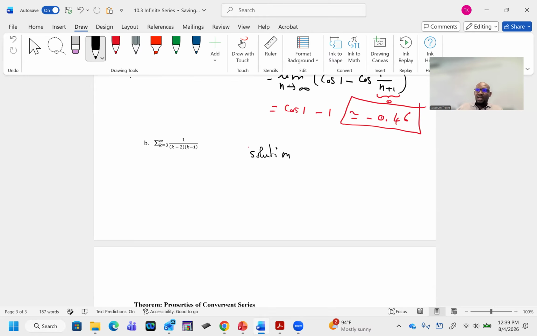So the partial sum Sn involves n terms that run from k equals 3 to k equals n plus 2, which is somewhat awkward, right?